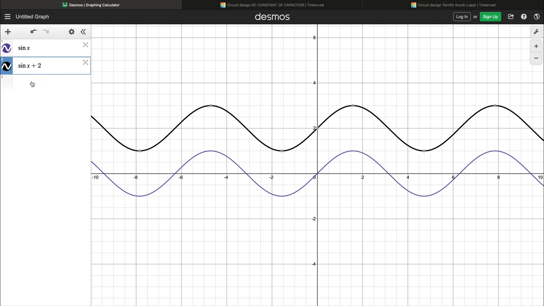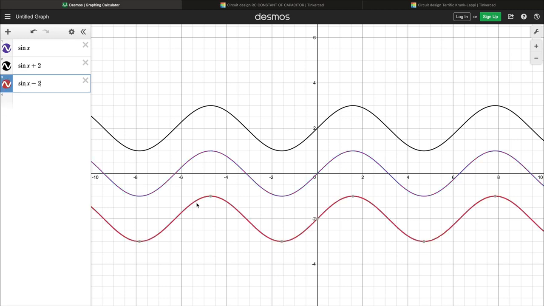Or if we add -2, we can see that it just shifted downwards. So what we are doing is adding positive or negative DC voltage to our input waveform, so that our original input waveform will get shifted upward or downward depending upon our use.